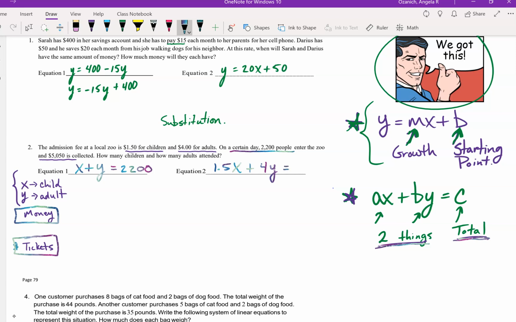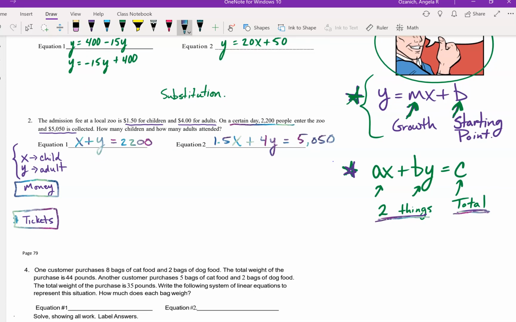This is my money equation, so it should be $5,050. All right, so there's an equation in slope, intercept, and in standard form.